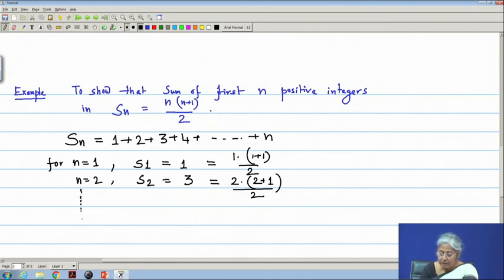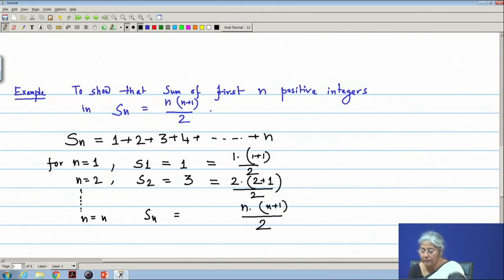For n, this value is n into n plus 1 by 2.